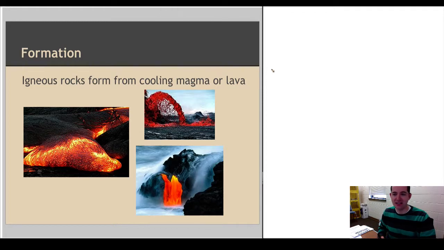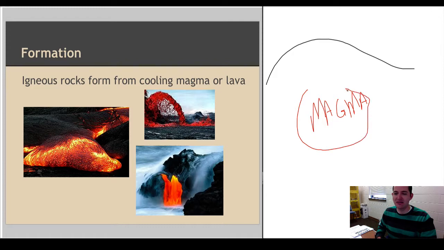Okay, so they're basically the same thing, and if this is our ground, anything down here is going to be magma, and anything once it comes up onto the surface, we may have some magma below ground, but as soon as it becomes above ground at a volcano, as most of these pictures are, it becomes lava.